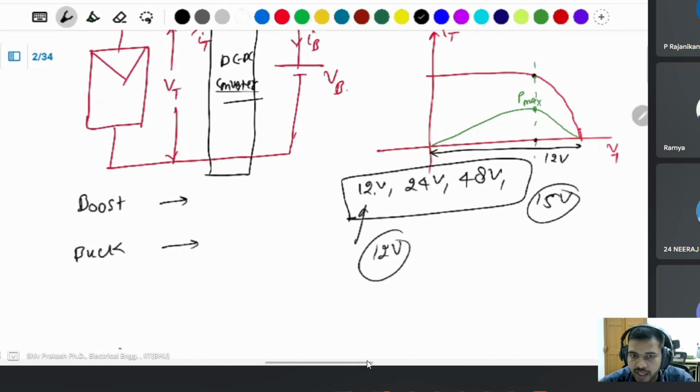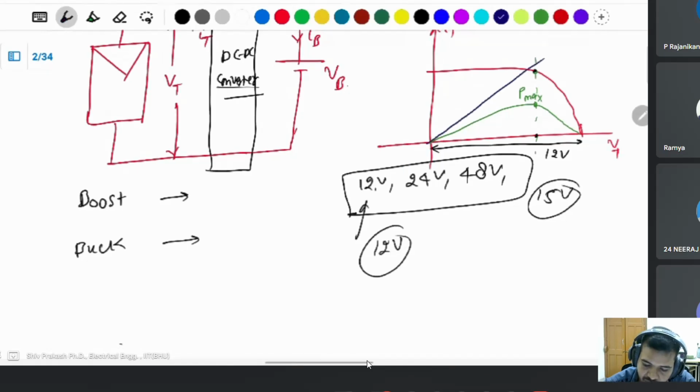Then what is the current rating? If there is a higher ampere rating, then higher current flows through the battery from the solar, requiring full current. Then there is a possibility of exceeding the limit of the buck or boost converter, or it would not track, because the buck converter has some restriction to work between 0 and 1.